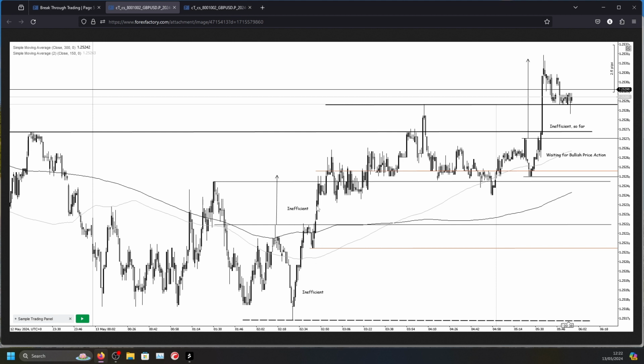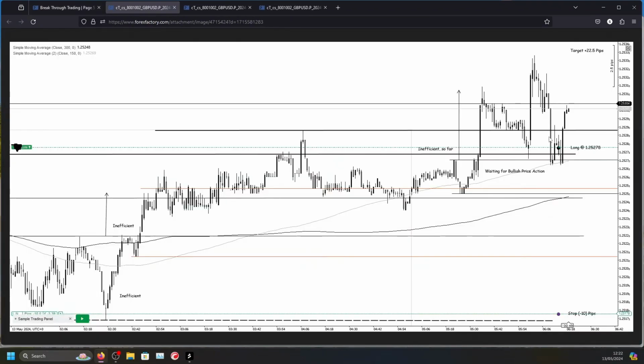And you can see there was also inefficient price here, from there up to there, that never got filled in, and this moved out quite inefficiently, and price never came back in to fill all this in. So in theory, I could have waited for price to come back here and fill all this in.